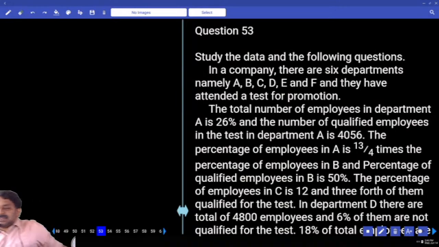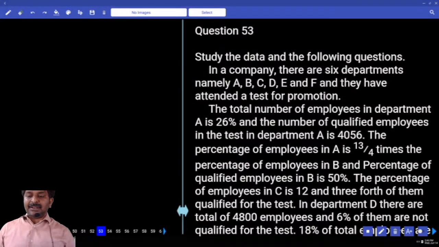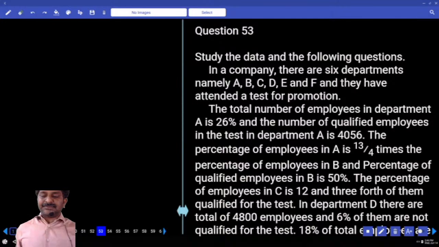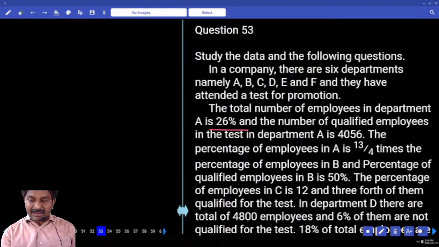In a company there are 6 departments, namely A, B, C, D, E, F, and they have attended a test for promotion. The total number of employees in department A is 26%. Number of qualified employees in the test in department A is 4056. The percentage of employees in A is 13 by 4 times of the percentage of employees in B. So now I have read 3 values so far.